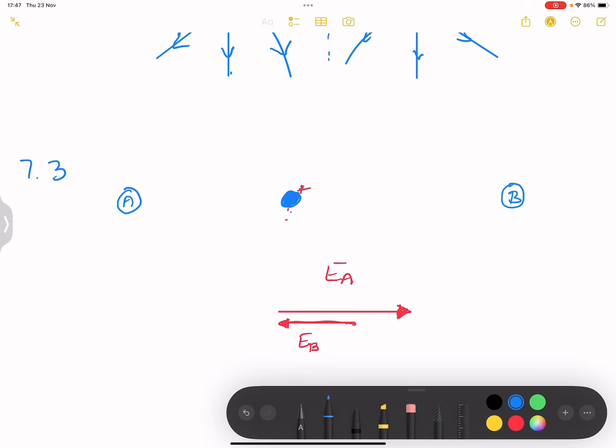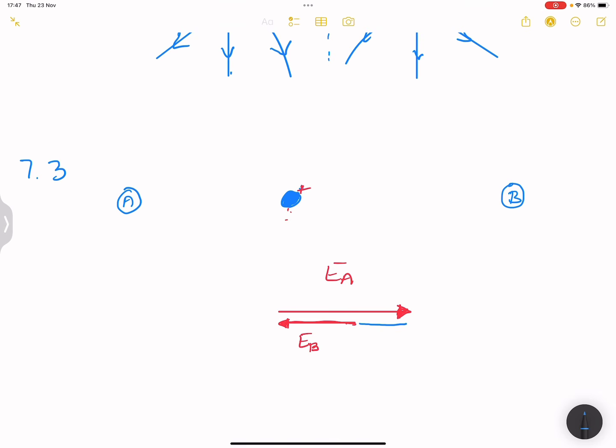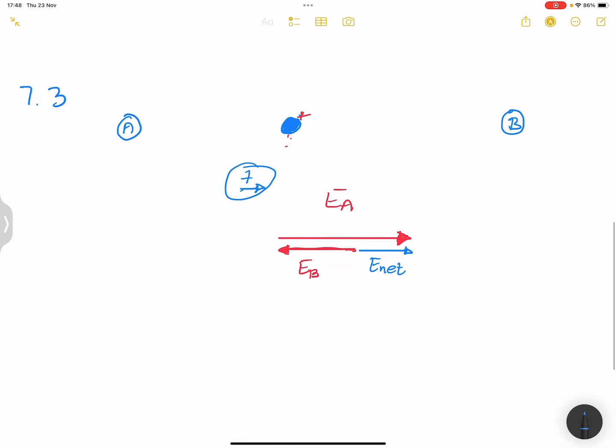The net field would be this one over here, in the direction towards the right. So this would be our E net, because it would be the field due to A minus the field due to B, of course considering that we take that direction as positive.